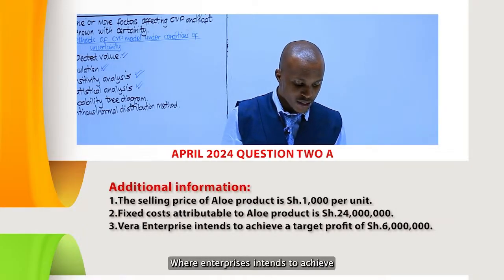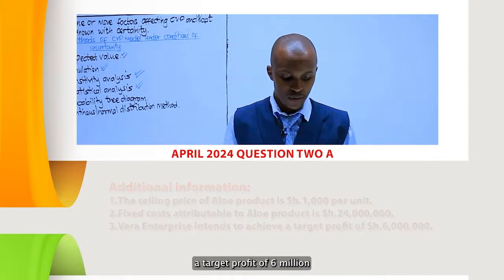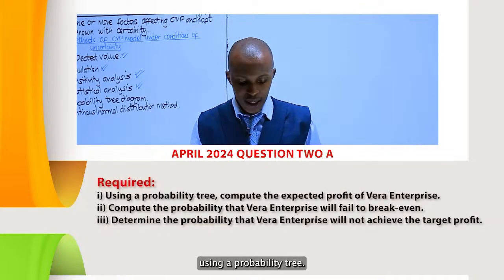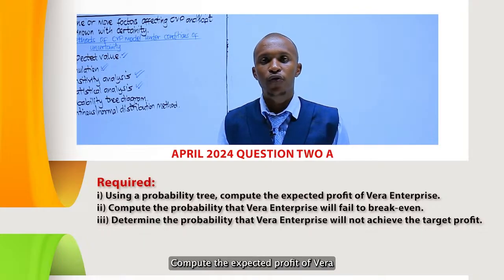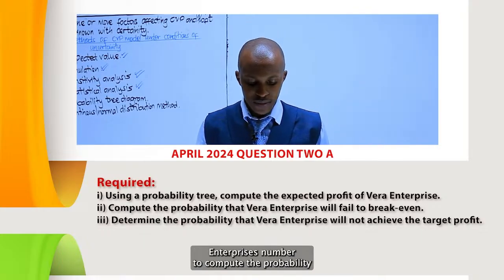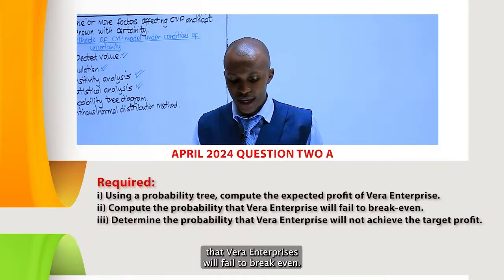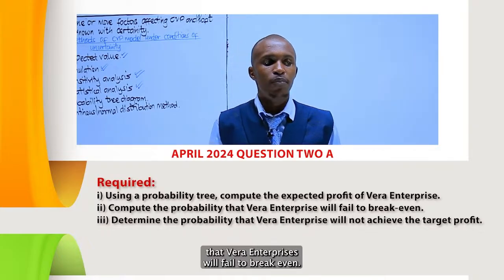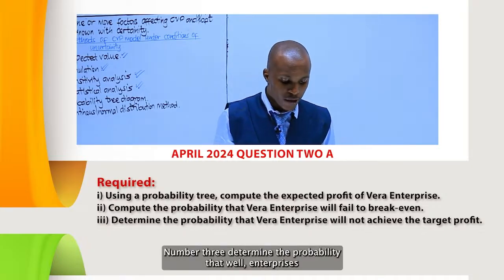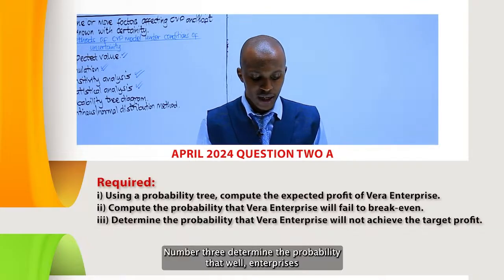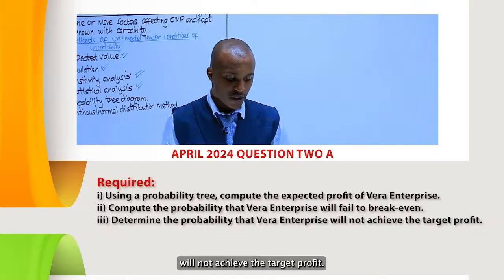Vera Enterprises intends to achieve a target profit of 6 million. Number 1, using a probability tree, compute the expected profit of Vera Enterprises. Number 2, compute the probability that Vera Enterprises will fail to break even. Number 3, determine the probability that Vera Enterprises will not achieve the target profit.